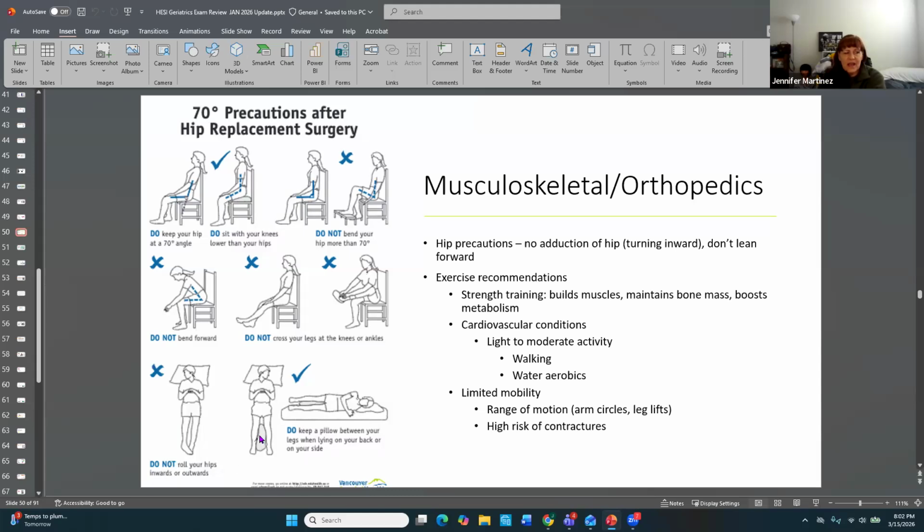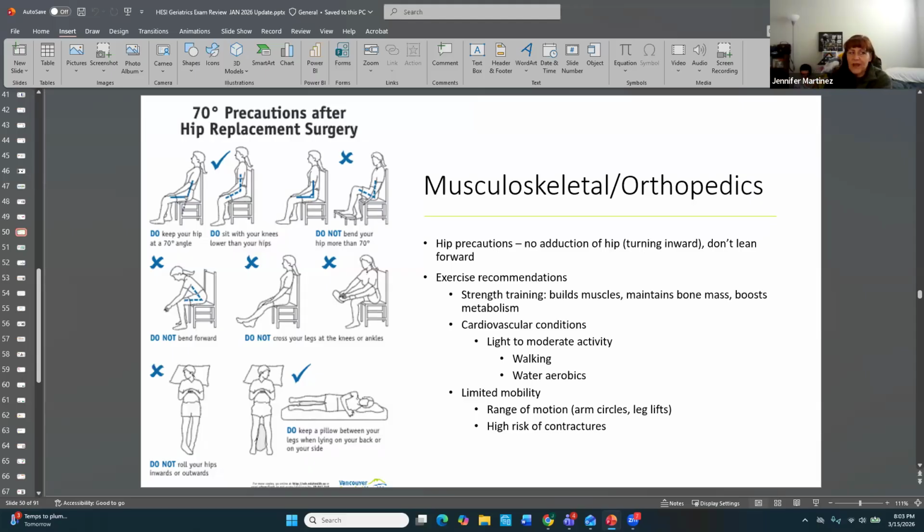They should use an abduction pillow that will help to keep the legs separate while they are laying on their back or their sides to prevent this from occurring. With our hips now, after hip replacements, they're up walking almost immediately after surgery.